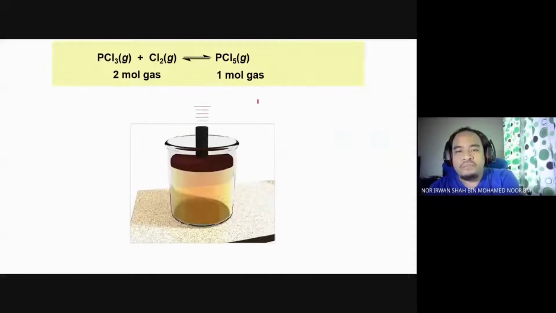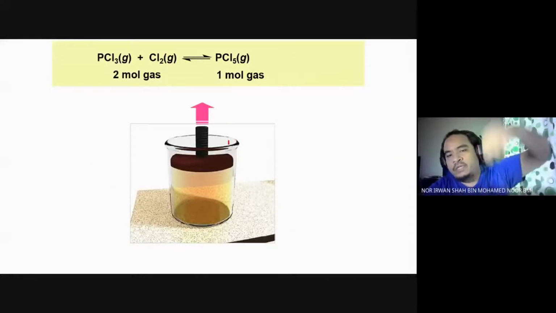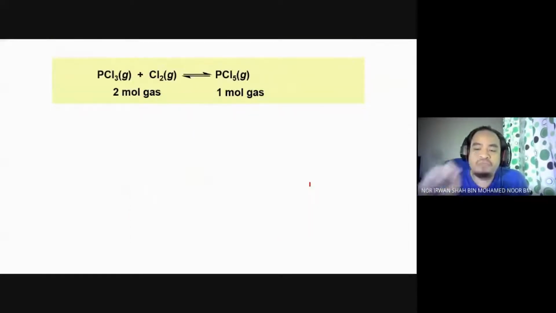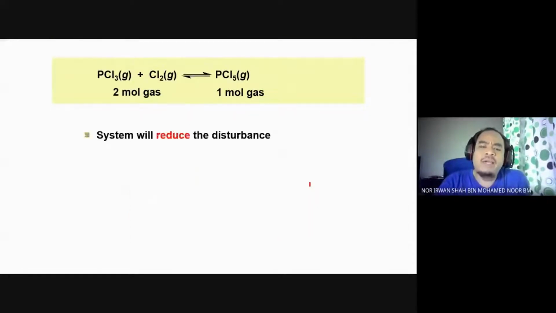Remember, in this case we pull the piston up, so the volume increases. Now let's look at what the system will do. The disturbance is increasing volume. When the volume is increased, the pressure decreases.